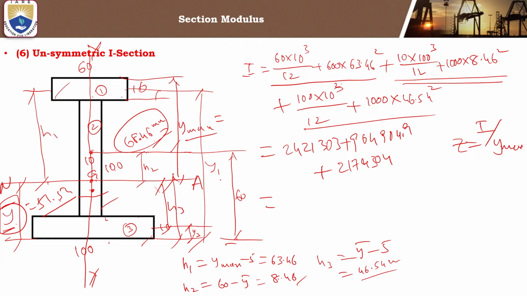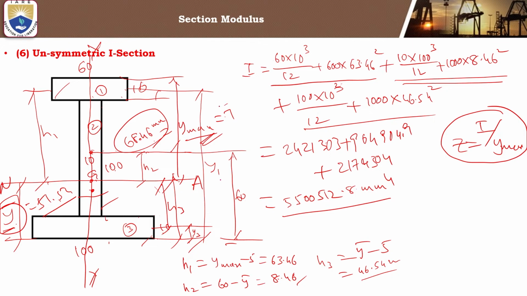2421303 plus 904.9 and the rest, the moment of inertia comes out to be 5500512.8 mm power 4. Now the section modulus is obtained by dividing I by y maximum, which is 68.46.